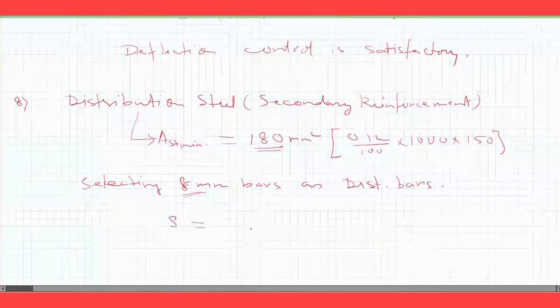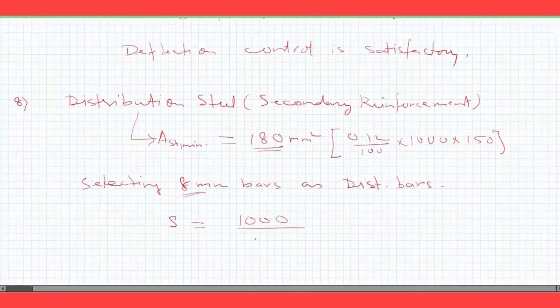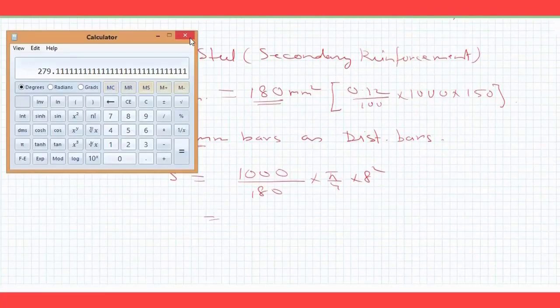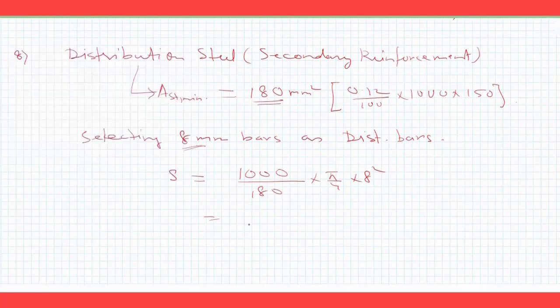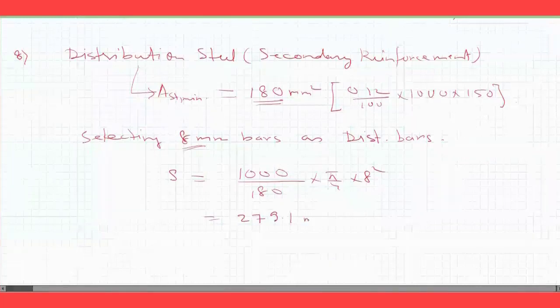Spacing will be, as you had done it, 1000 divided by AST, AST is 180, into 5 by 4 into 8 square. So if you do this computation, how much will you be getting? 279.1 millimeter, and this spacing should be less than or equal to maximum spacing for distribution bar.